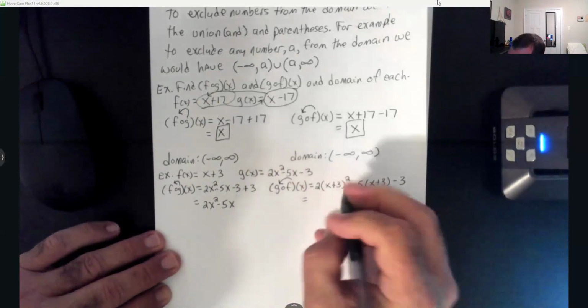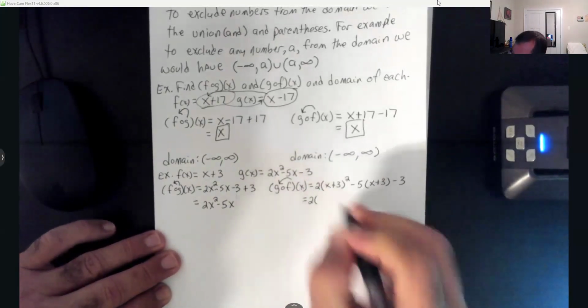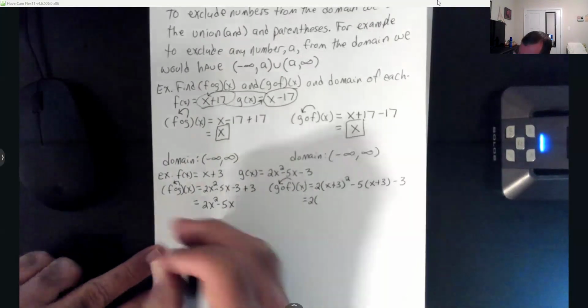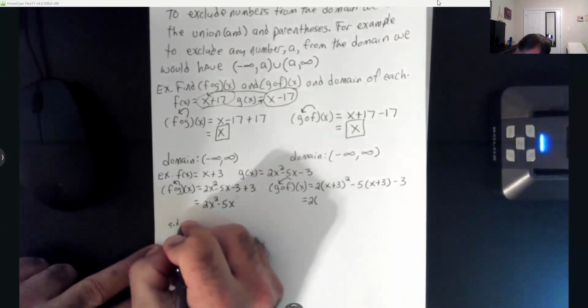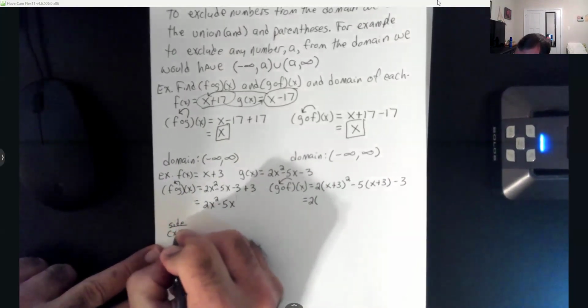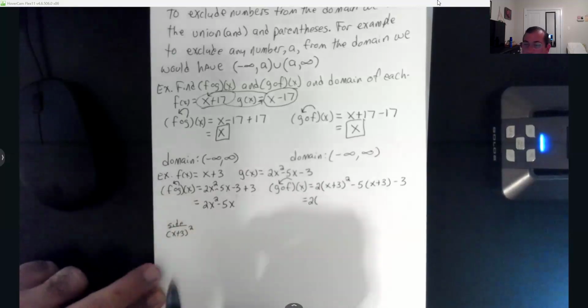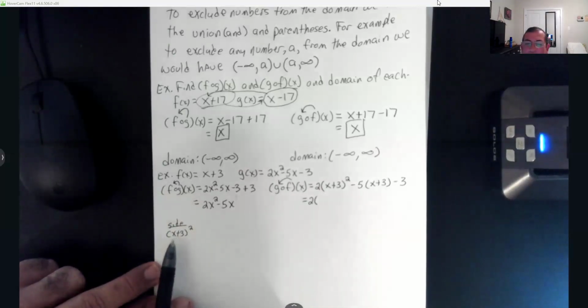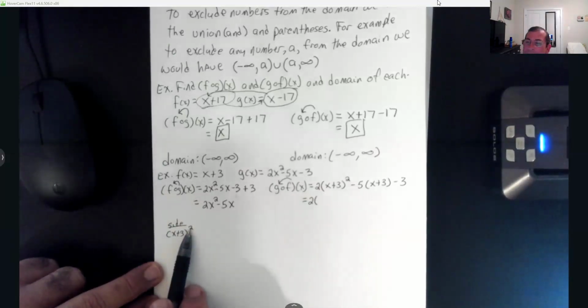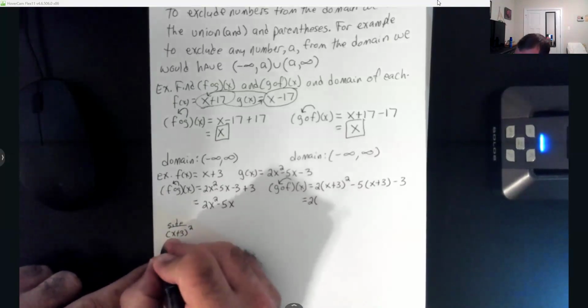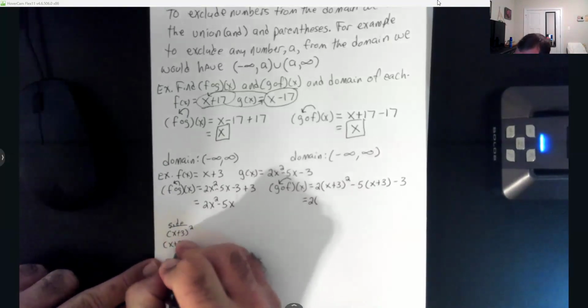So what I would do, bring down my 2, and then I'm going to FOIL this out over here on the side. Because when you got stuff being added or subtracted and an exponent following, you got to write that twice and FOIL it, okay?